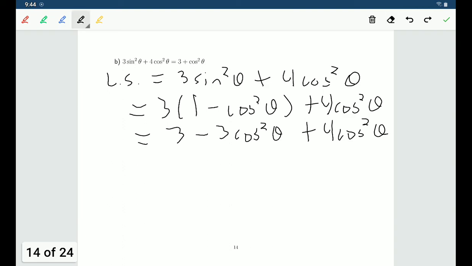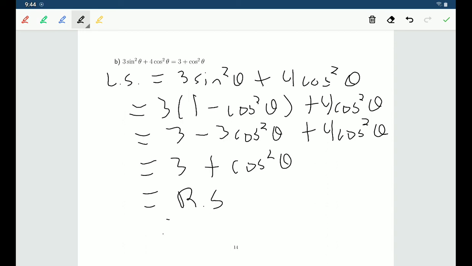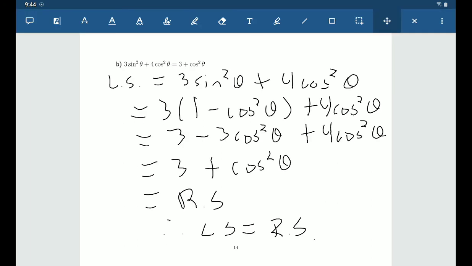So we're having 3 plus 1 cosine squared theta. Oh, okay, great. So that is the right side. So now we've shown that the left side is equal to the right side. We've established our identity. Now, that's one way you could do it.